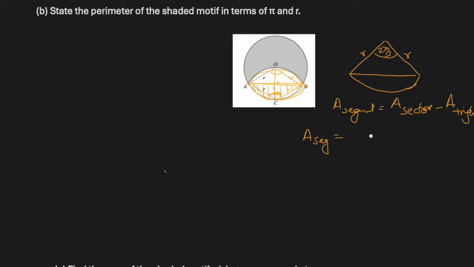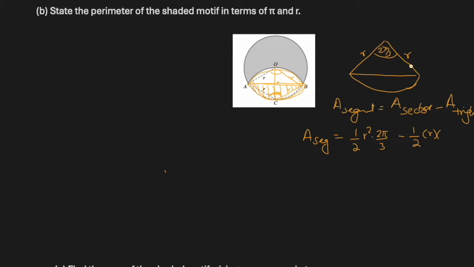So 2 pi by 3 I'm using here. So area of a sector is half r square theta, and theta is 2 pi by 3, which it is making at the center, minus area of triangle is half first side, any one side of the triangle. I'm taking this one, which is r.